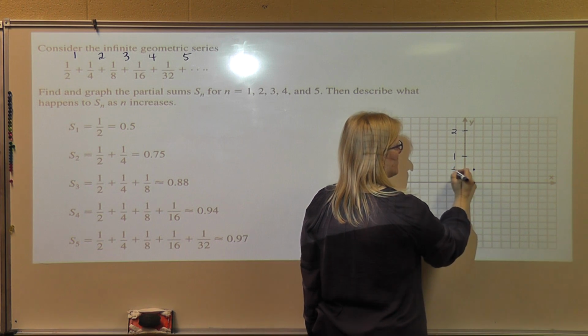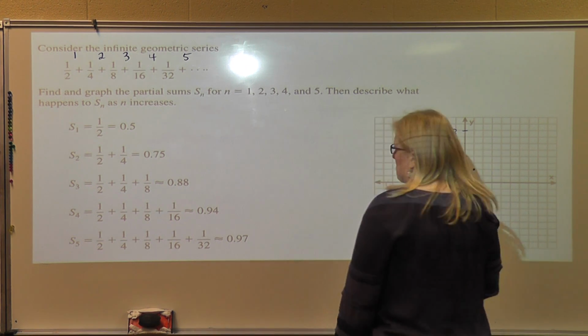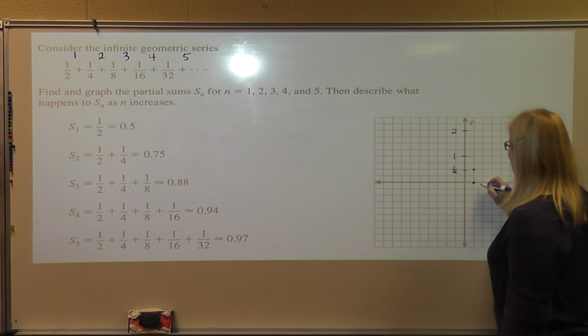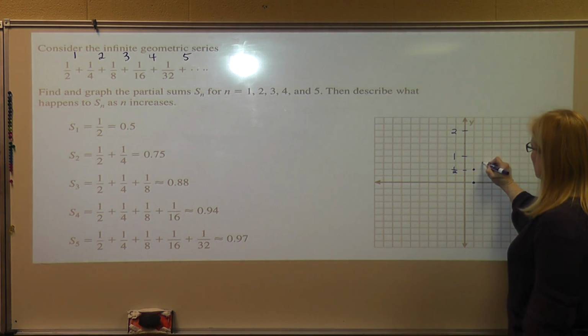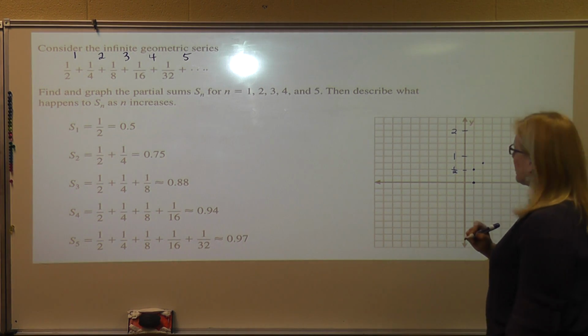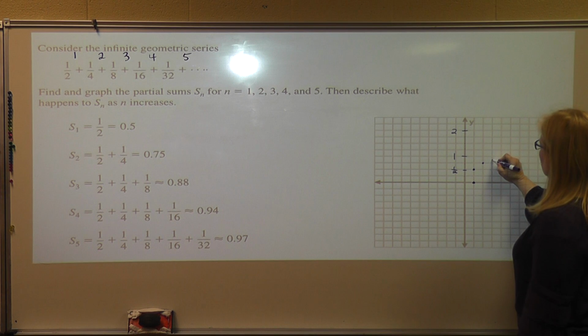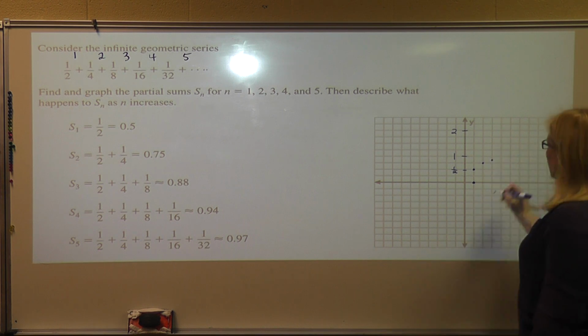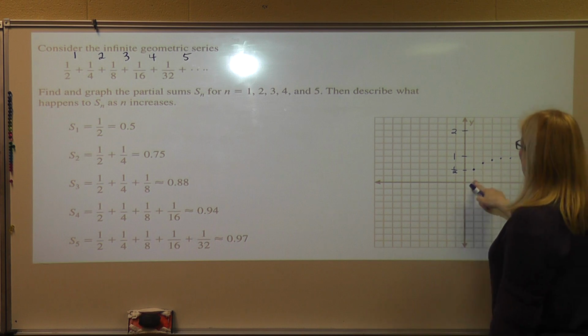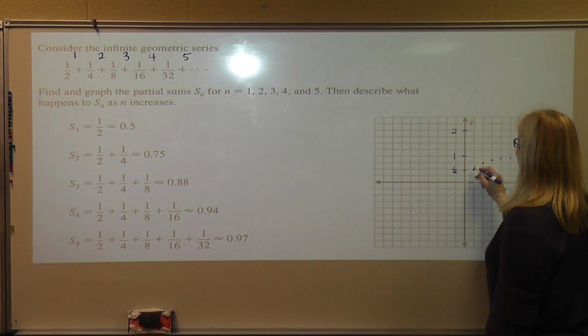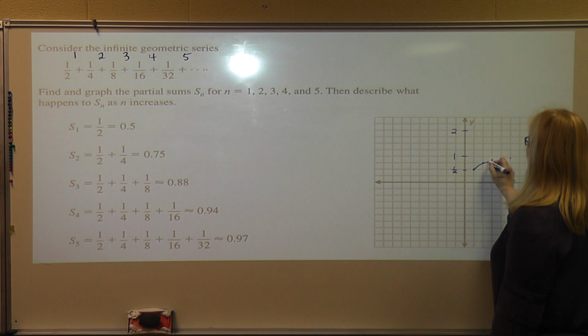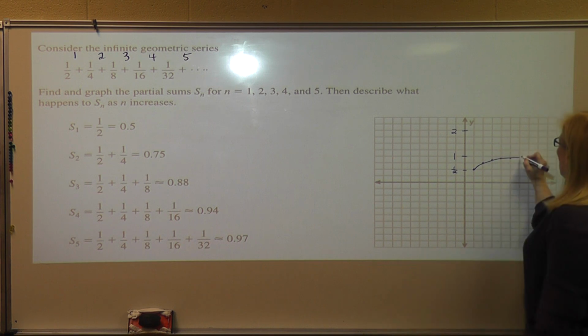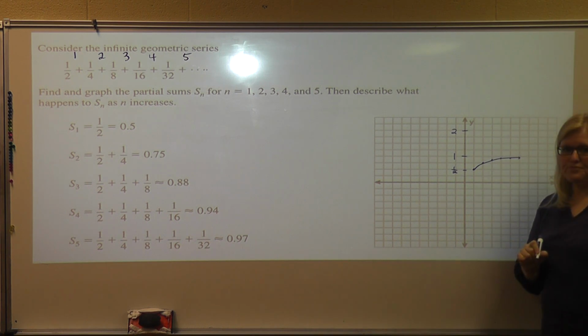S sub 2, which is right here, is 3/4. S sub 3, 0.88, is going to be about right there. The next one's 0.9497, and it goes on forever. But what do we notice about this?